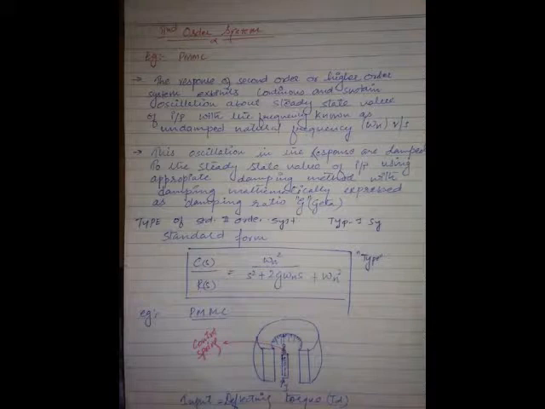Every moving system will have some mass. So we are defining J, which is the inertia of the moving system or moving coil. When parts are moving with respect to each other, definitely some amount of friction will be present.